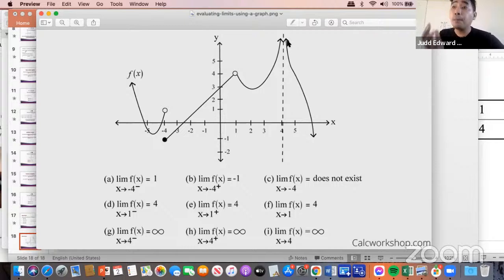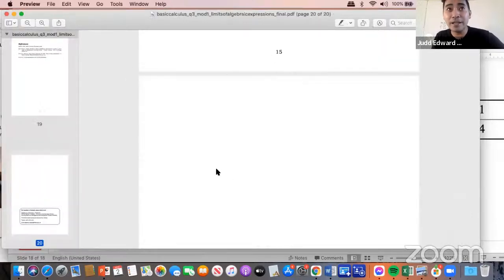Positive infinity. Okay. If kanina kinuha natin yung 4 from the left and 4 from the right, sa tingin nyo, what will be the center limit of 4? Positive infinity. Are we clear? Maliwanag po ba?